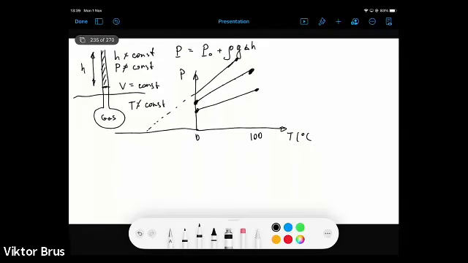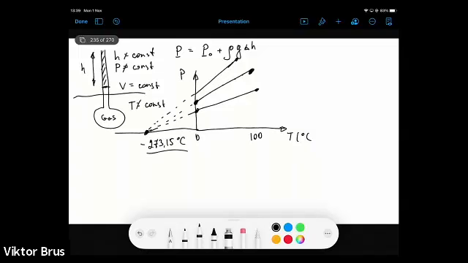And if we extrapolate these linear dependencies towards negative temperatures, they will intercept at the same large negative temperature, which will be minus 273.15 degrees Celsius. And that is actually the absolute zero in absolute temperature.